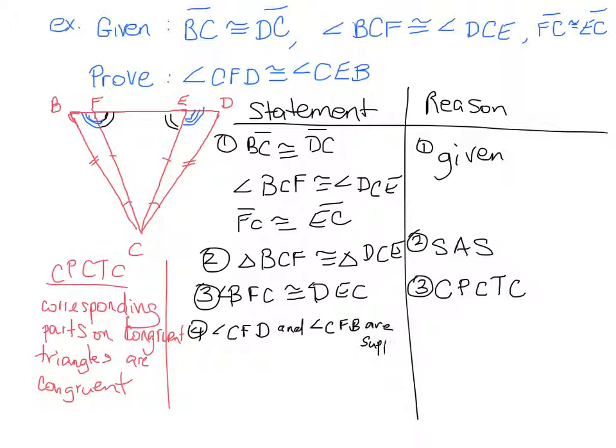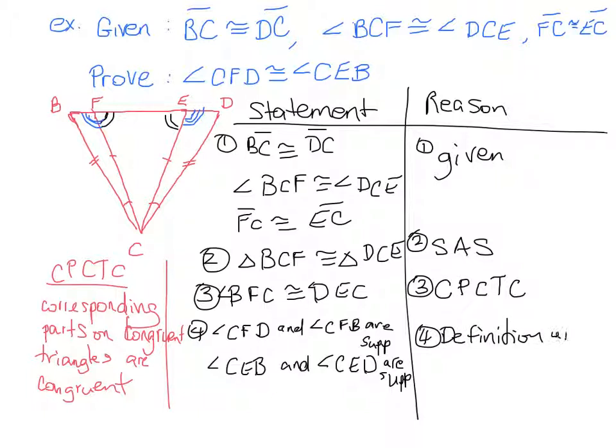I'm just going to put sup for short. Also, angle CEB and angle CED are supplementary. The reason we know they're supplementary is the definition of a linear pair. By supplementary, I mean that the measures add up to 180 degrees. Hopefully you know that, but if you didn't, now you do. So the definition of a linear pair is why we can say that.